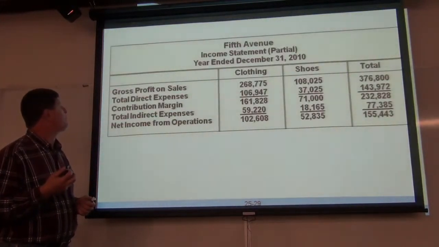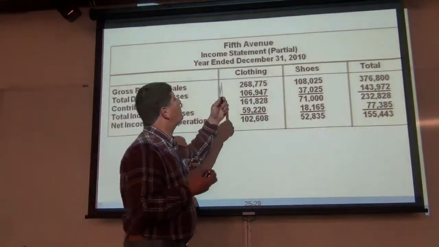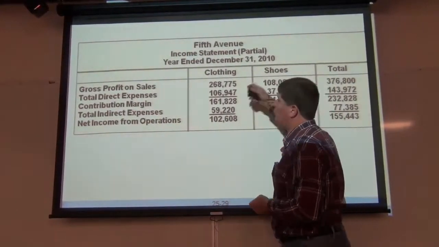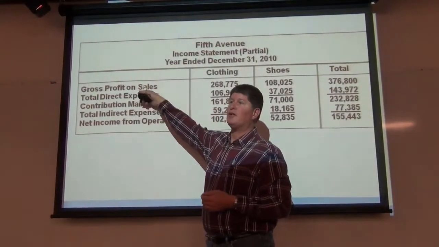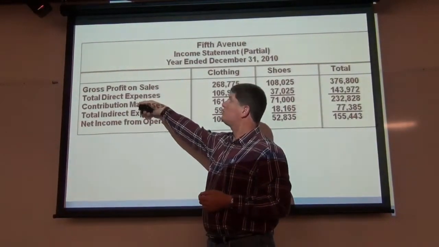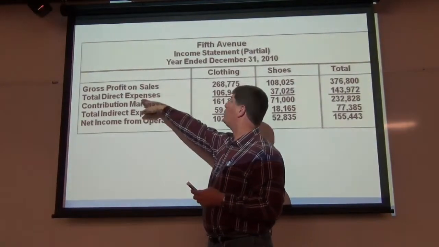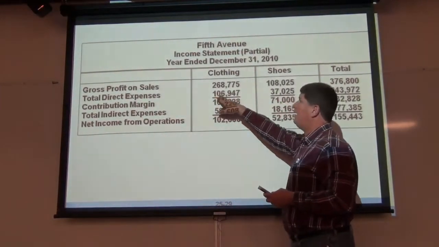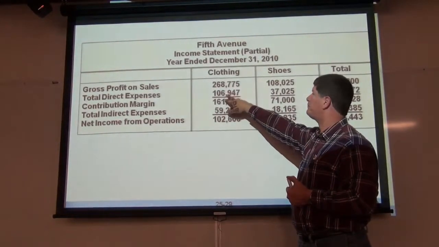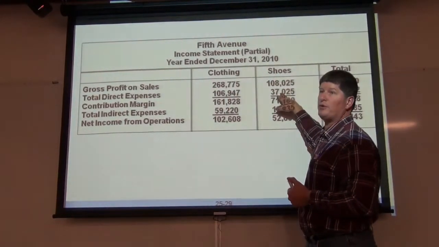Okay, here we go. Here's our Macy's example again. Clothing, shoes, total. Gross profit on sales. We got this far on that first slide, right? Total direct expenses. This is your wages and other items that are direct expenses for the clothing department and for the shoe department over in this column.